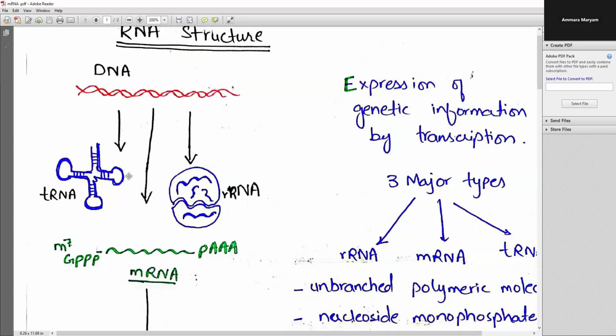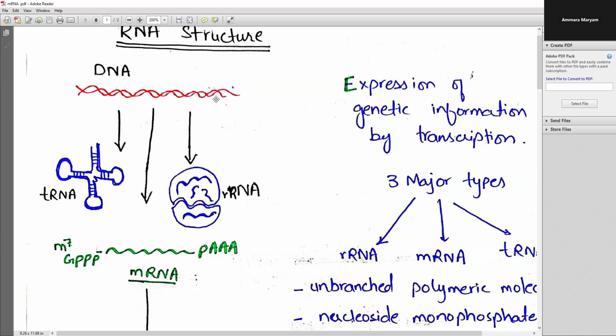So this is the central dogma of life, where the DNA is converted into the RNA, and then this RNA is translated into the protein. This is how the information is transferred from the DNA to RNA. This RNA will read the specific sequence in the DNA.